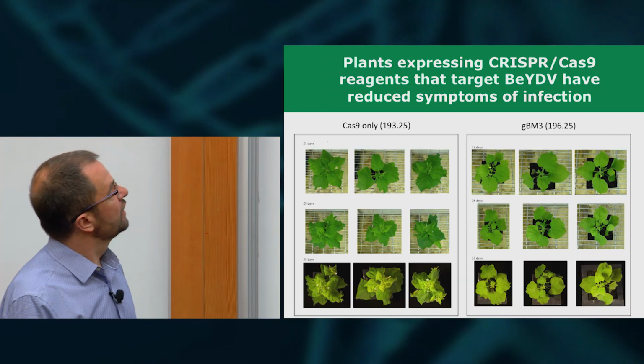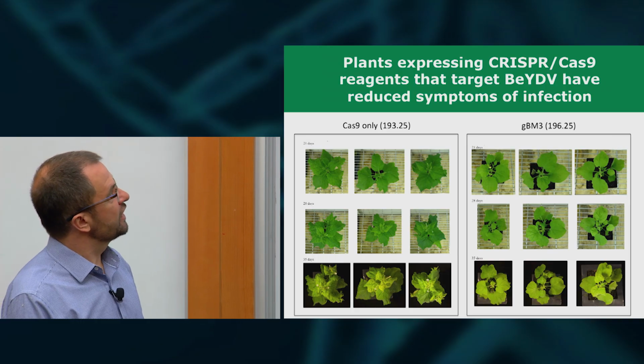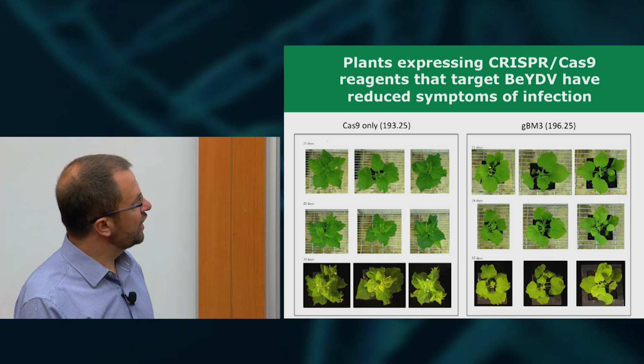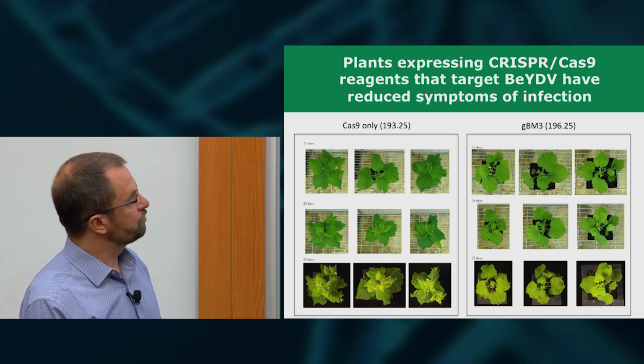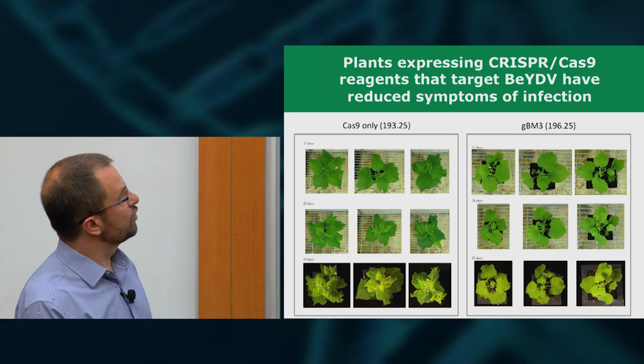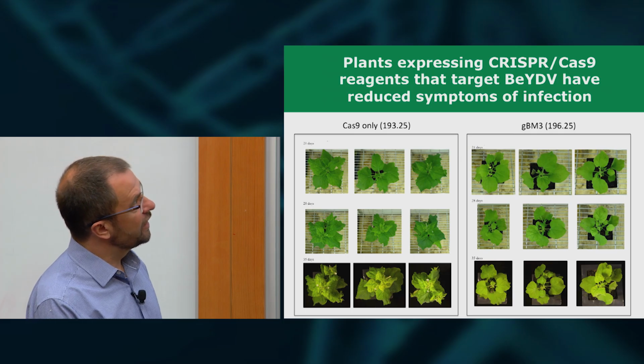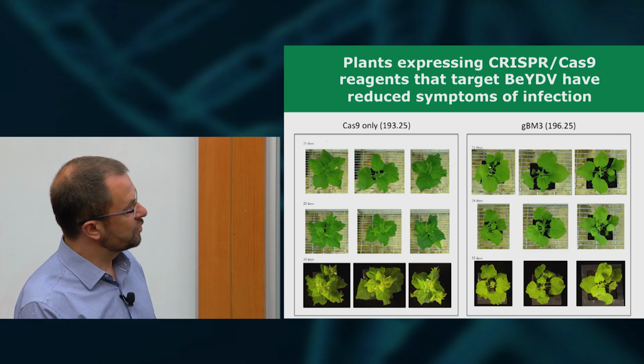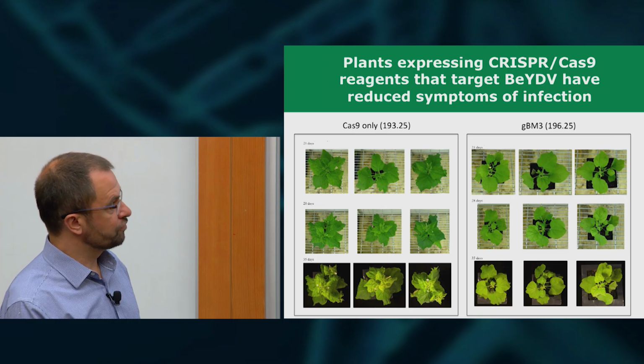So this is a plant that's only expressing Cas9. It's being infected by the virus, 21, 28, 35 days. You start to see the yellow wrinkly leaf phenotype. This is in contrast to a plant that's expressing Cas9 and a single guide RNA that targets the virus. And you can see that you have much reduced symptoms of viral infection.